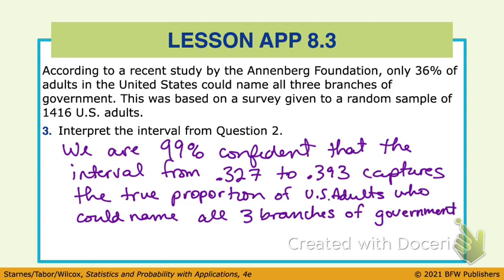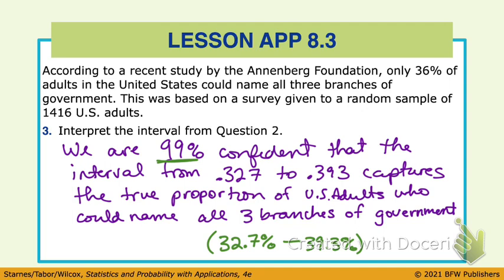Okay. So that means basically that we are 99% confident that somewhere between 32.7% to 39.3% of U.S. adults could name all 3 branches of government.